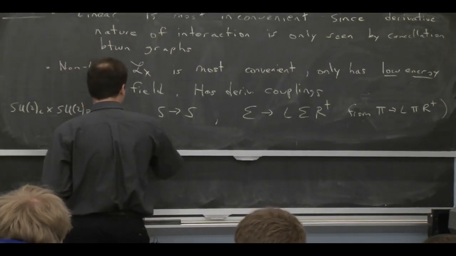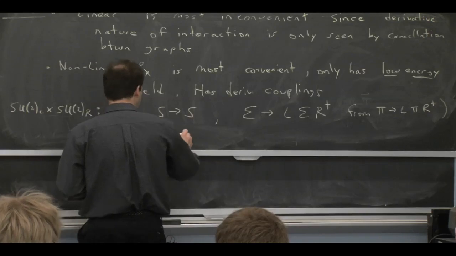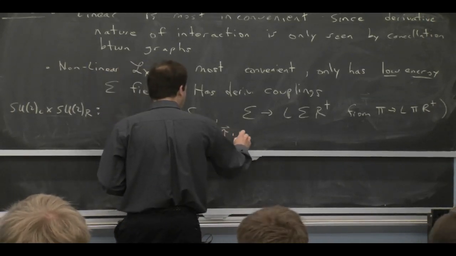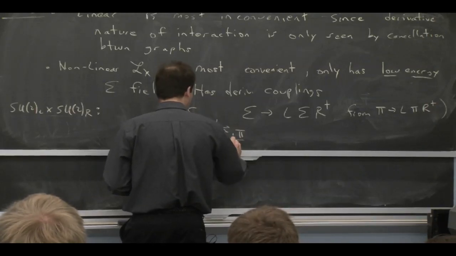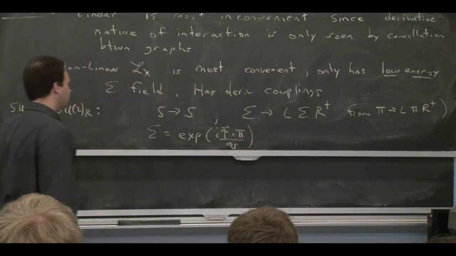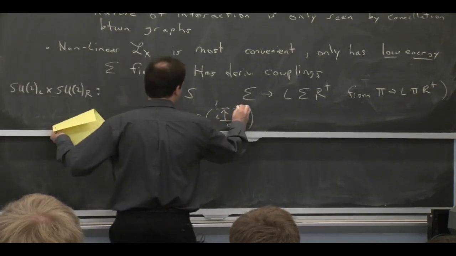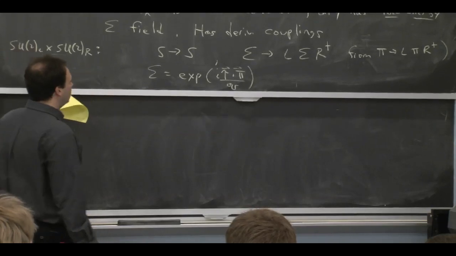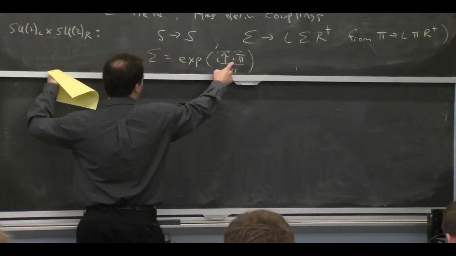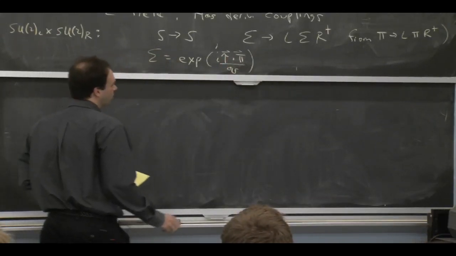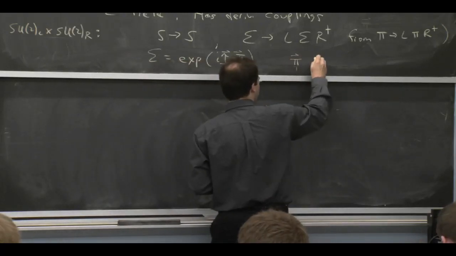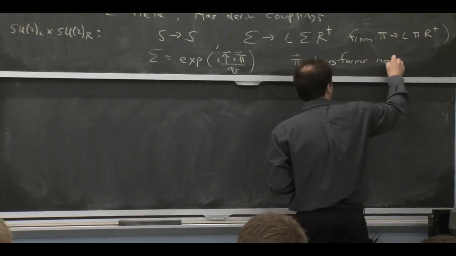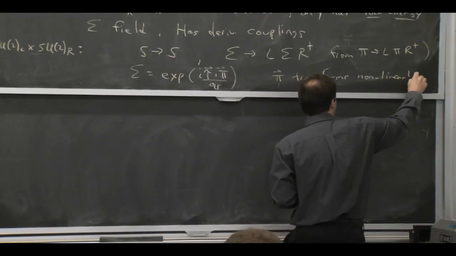Now, if you write out that sigma, which is transforming linearly, as the exponential of i tau dot pi, with a convenient normalization, which is the VEV, or this V, then you can work out from this transformation how the pi field transforms, and it transforms nonlinearly. That's where the name comes from.